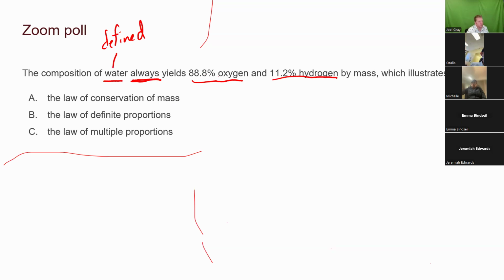This didn't say anything about water undergoing a transition or a change. So a key word you want to look out for with definite proportions would be identifying a substance.